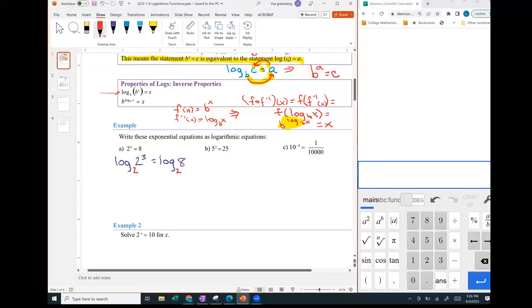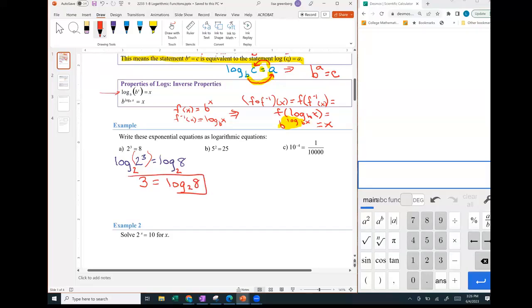So now I have property 1 of the inverse properties, log base b, which is 2, of b, which is 2, to the third power. This equals 3. So 3 equals the log base 2 of 8.